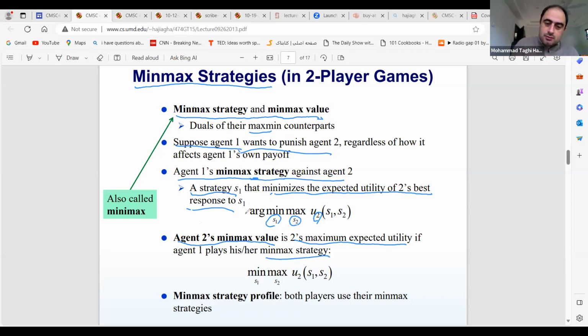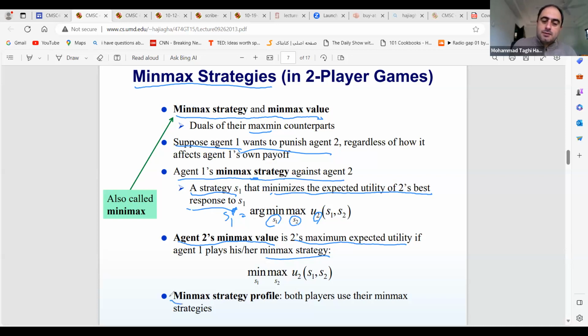So essentially, again, this would be some kind of S star 1 essentially. So agent 2's min-max value would be essentially this that we discussed. So argmax reports the actual strategy that attains it, and the value would be this.